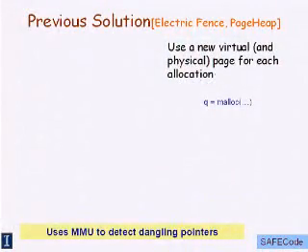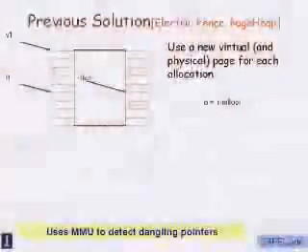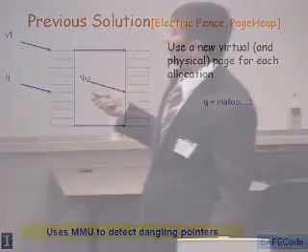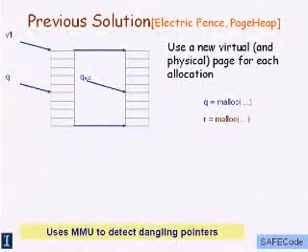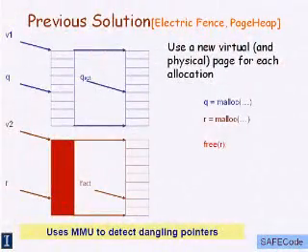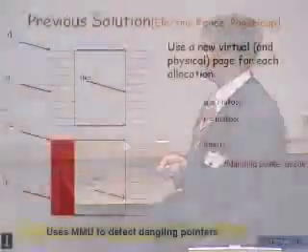If you have q is equal to malloc, you're going to use a new virtual page here and a new physical page here to do this allocation. And if you have another allocation, say r is equal to malloc, you're going to use altogether new virtual page and altogether new physical page for this allocation. Once you have that, when you free r, you can change permissions on the individual virtual pages, and your dangling pointer is detected at runtime.